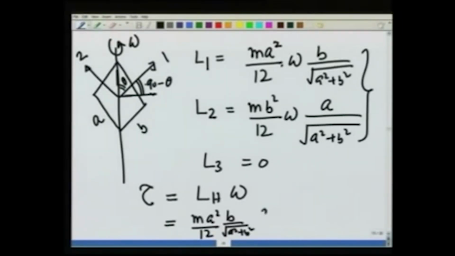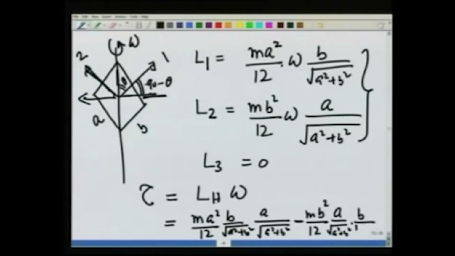Sine of theta is a divided by square root of a square plus b square. That is in this direction. The L2 component would have a horizontal component going in this direction, so it will be minus m b square over 12 a over square root of a square plus b square times b over square root of a square plus b square times omega.